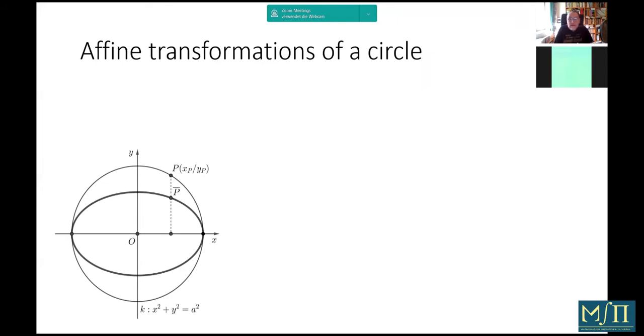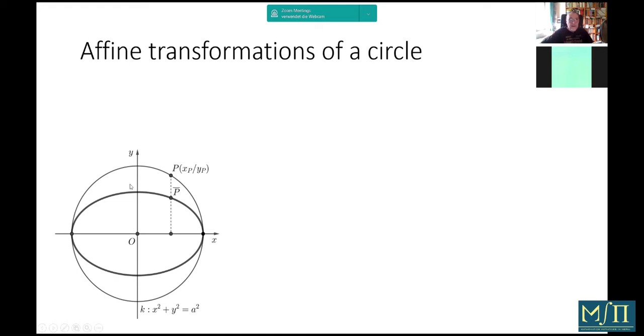And we now have the concept that we can apply an affine transformation that leaves all of the points on the x-axis, that is on the main axis of the ellipse, fixed, but that transfers points that are not on the x-axis in such a way that the minor vertices of the ellipse are mapped onto the points that are a distance a from the origin and lie on the y-axis.